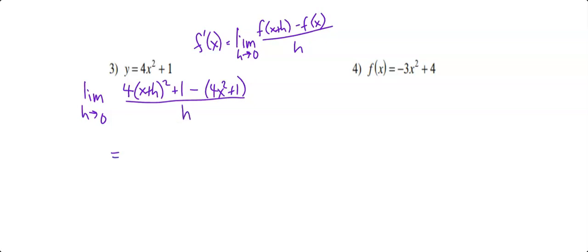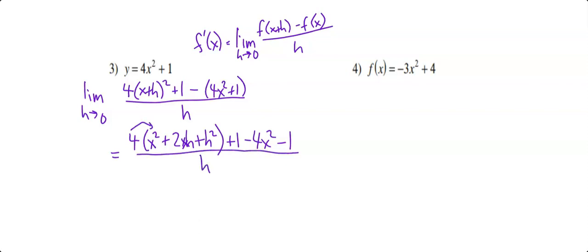And that equals 4 times x squared plus 2xh plus h squared, plus 1 minus 4x squared minus 1. And multiply the 4 by each one of these, and that's all over h.